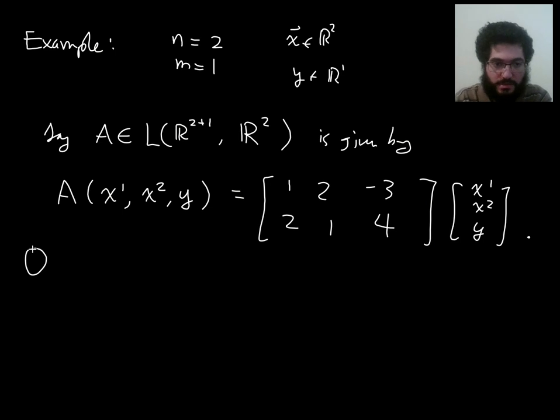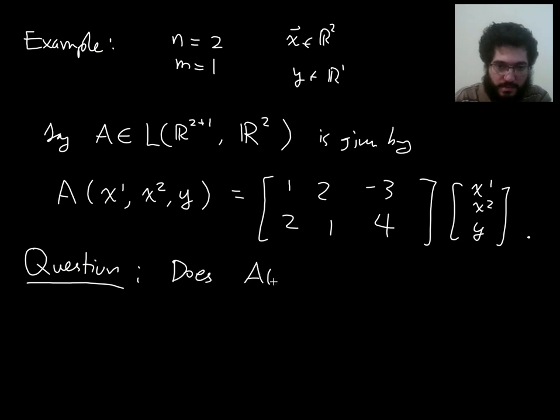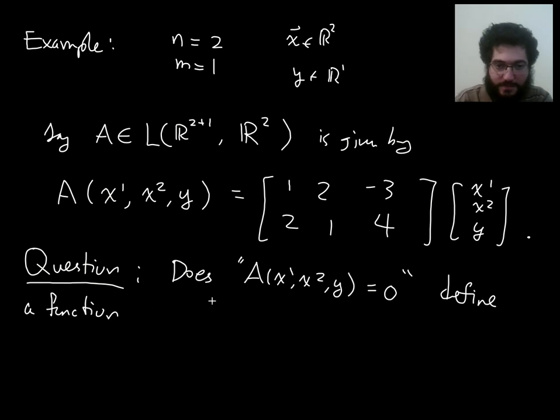Then the big question of the implicit function theorem is, does the equation this equals 0 implicitly define a function x as a function of y, where by x I mean x1 and x2, and by y I mean y?